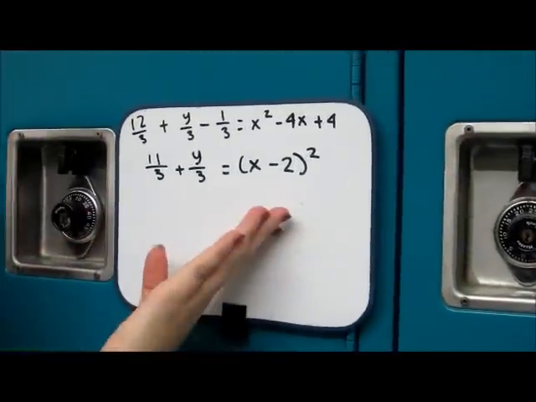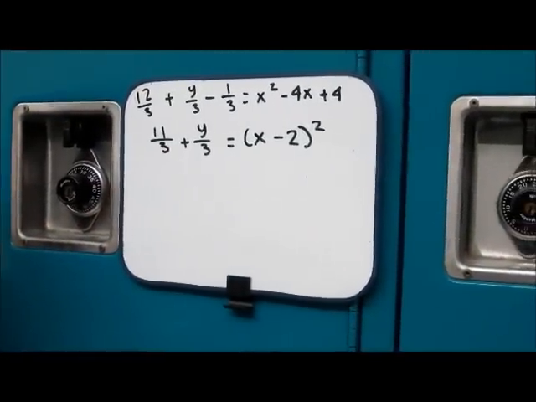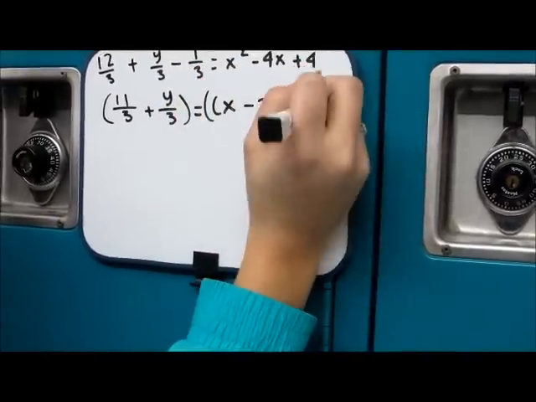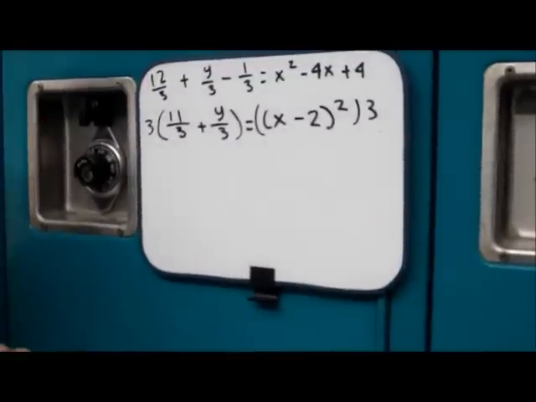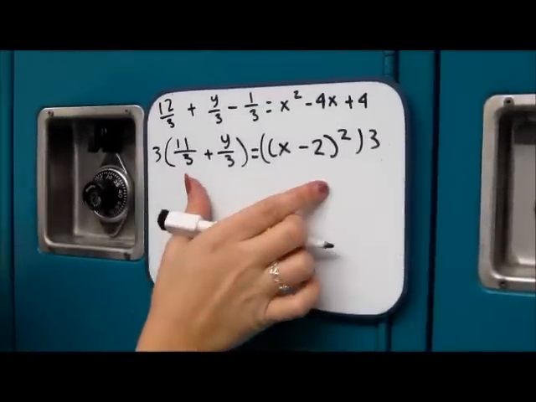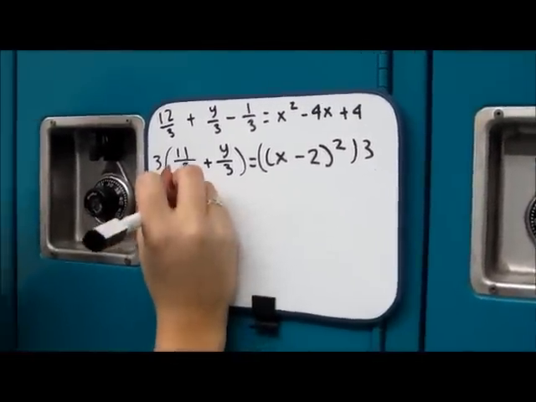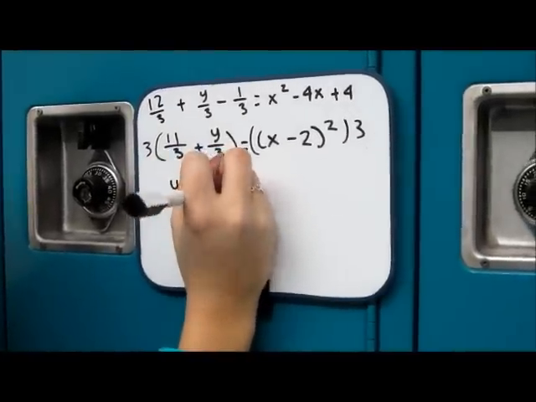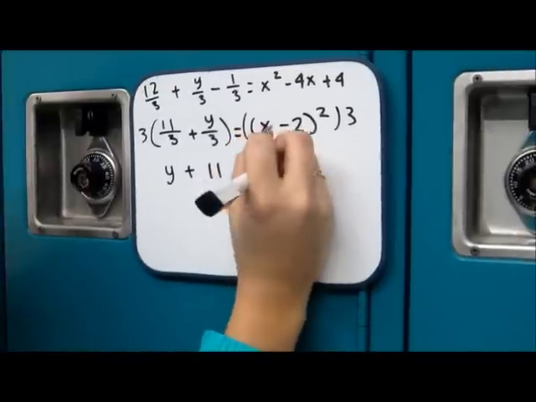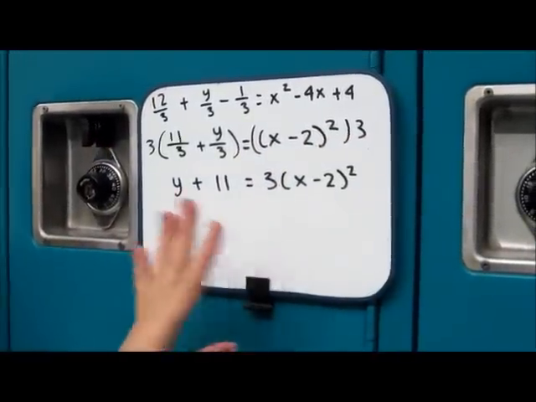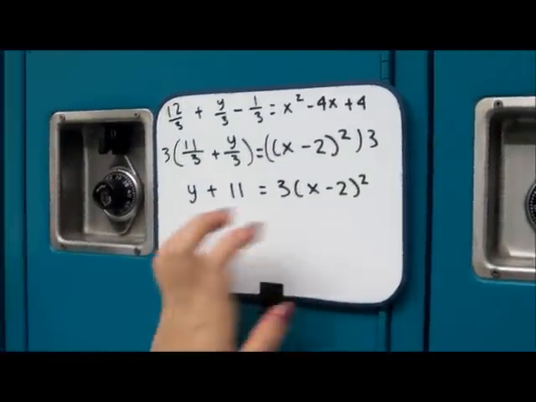To get rid of the denominator, we'll multiply both sides by 3, which gives us y plus 11 equals 3 times x minus 2 squared. Wonderful, and this is now in vertex form.